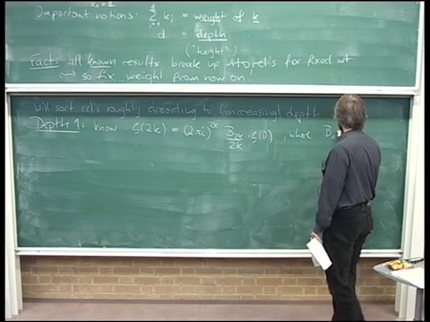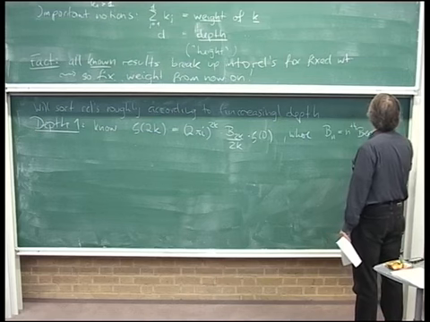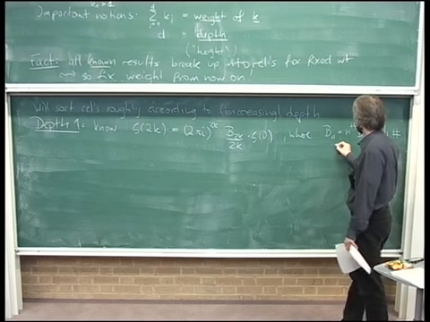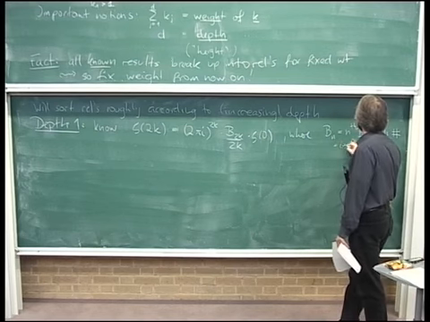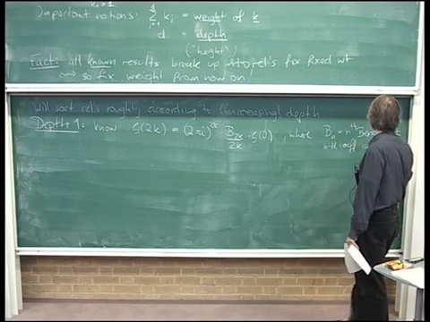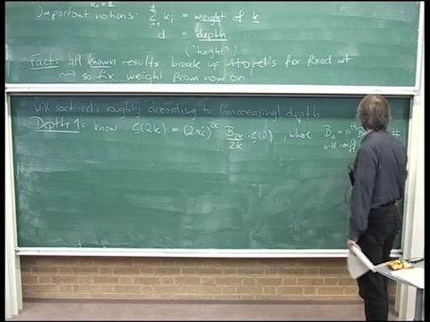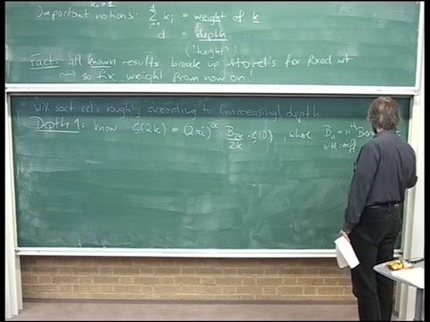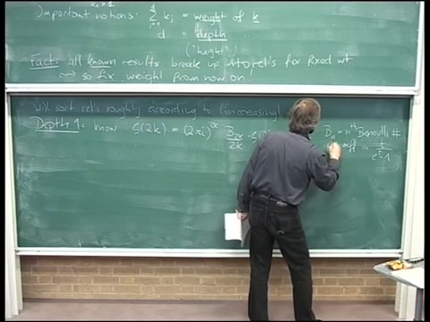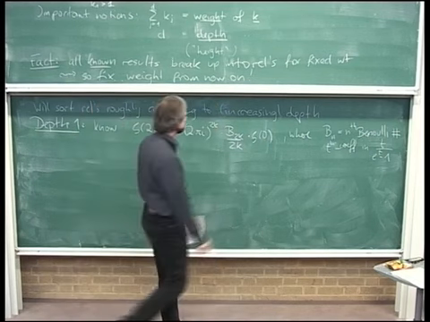Where B_n is the nth Bernoulli number. So this is the nth coefficient, or coefficient of t to the n, in t over e to the t minus 1, in that power series.